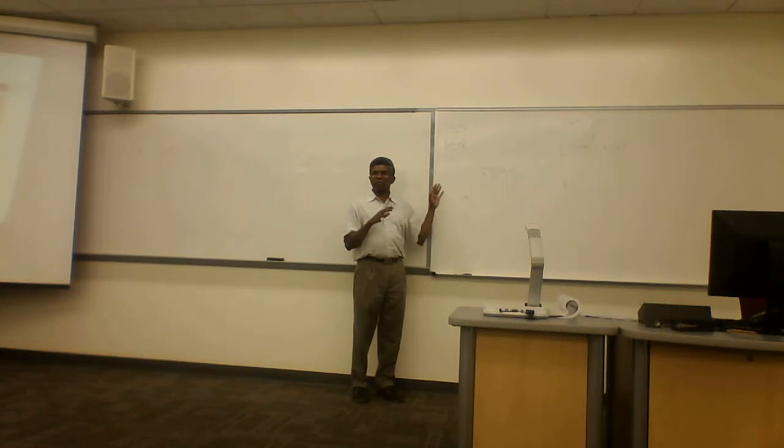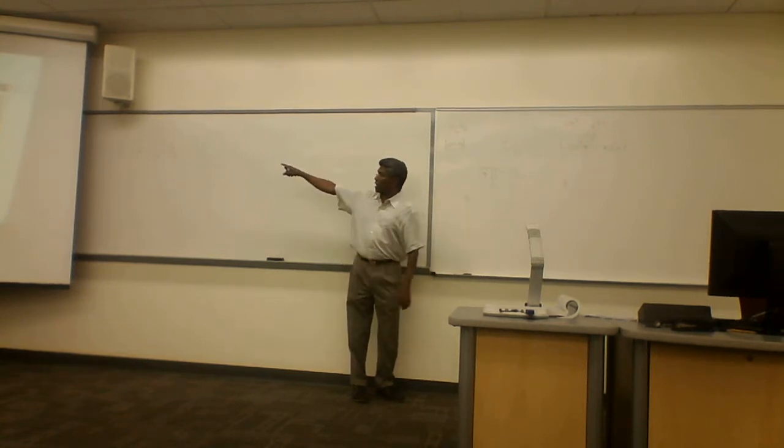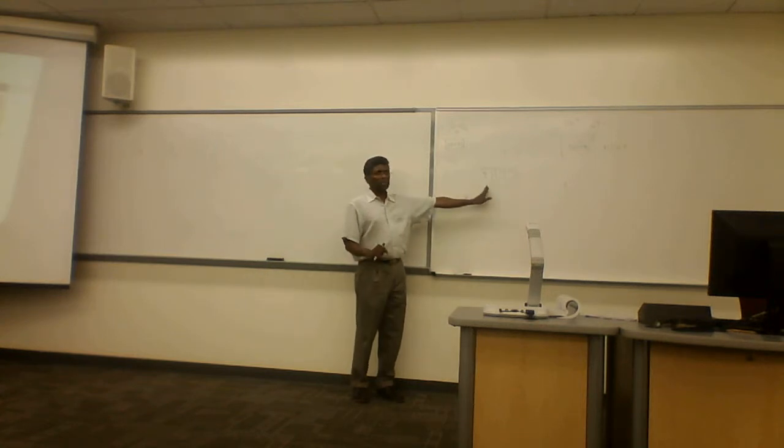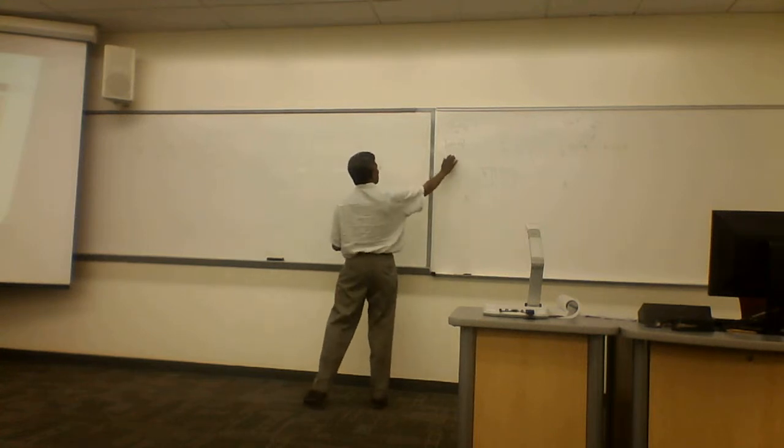I'm going to use x and y instead of east and north. This is my x direction, this is my y direction. This one has momentum only in the y direction, but I am interested in the x direction, so its contribution is zero. Only the contribution is coming from this guy.